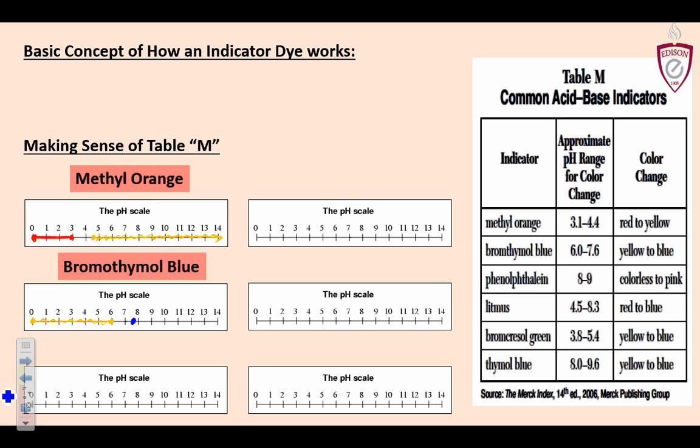Now we don't have a green marker for you anymore, but yellow and blue make green. So if you used bromothymol blue and it came up green, you can see there is a pretty narrow range in there where it would be. And this would be a very useful indicator for telling the difference between any acid and any base, because the range where it switches is right around pH 7.